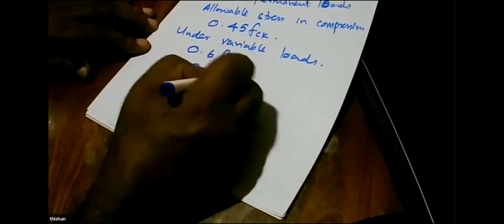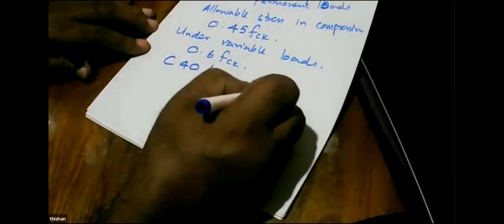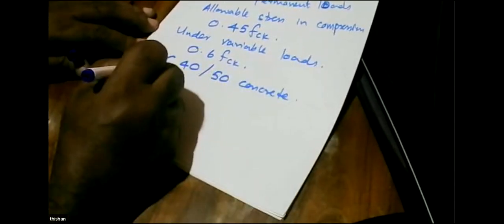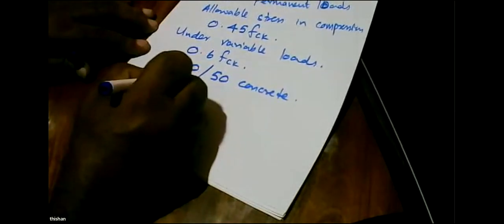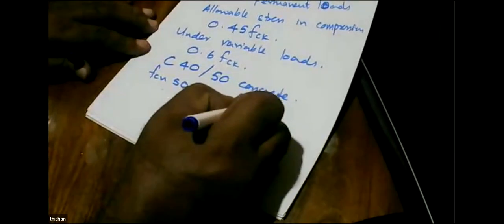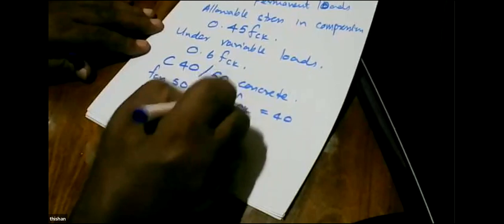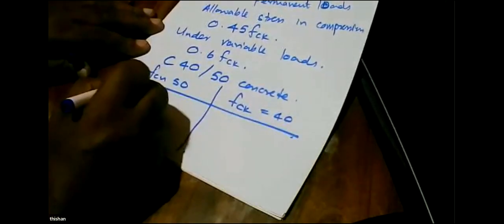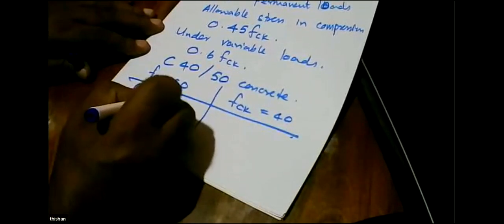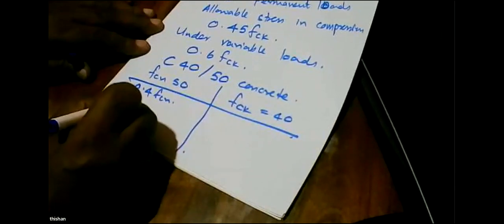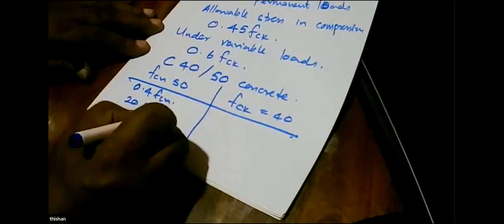So if you take an example of C40/50 concrete, so FCU 50, FCK 40. So the British code allowed 0.4 times FCU as the maximum compression, which is about 20 megapascal.